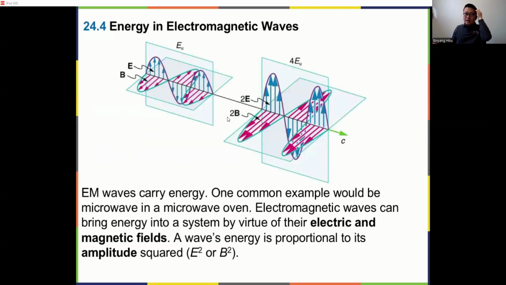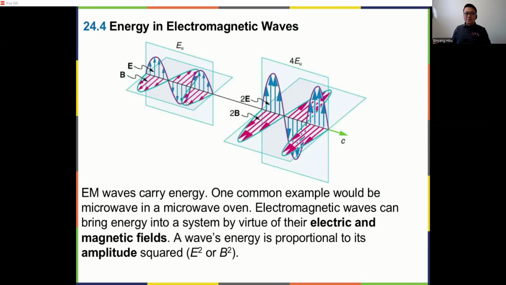Next, we'll take a look at the energy in the EMF wave. There's an electric field and a magnetic field inside the EMF wave, so there will be energy inside the wave.